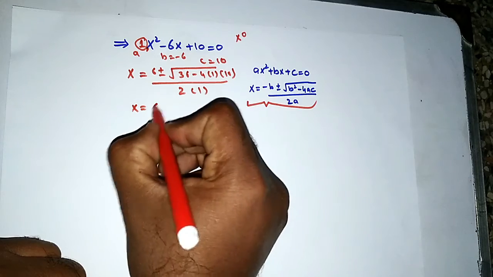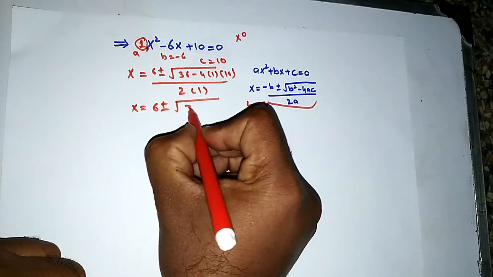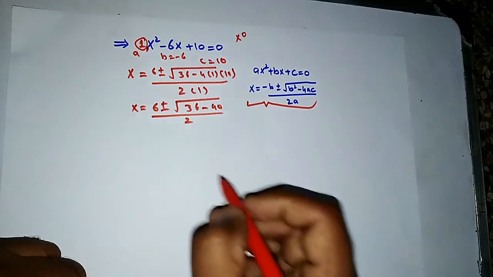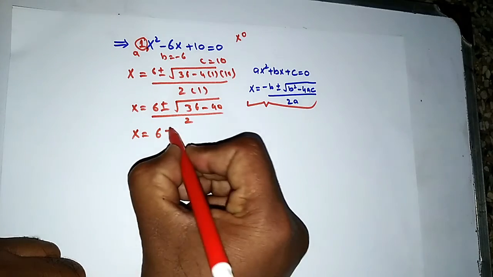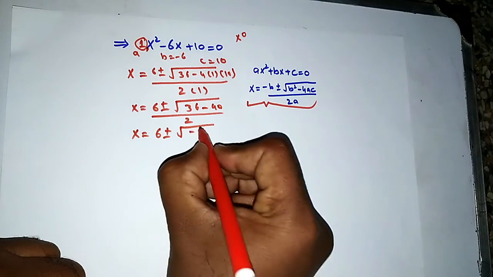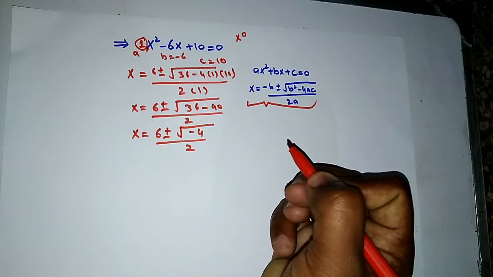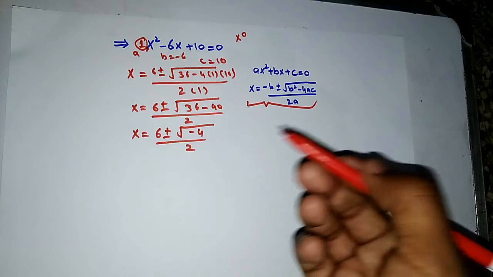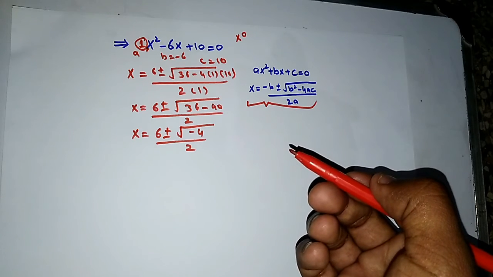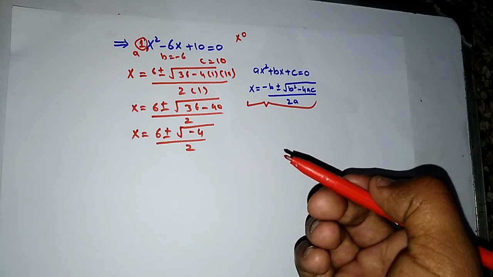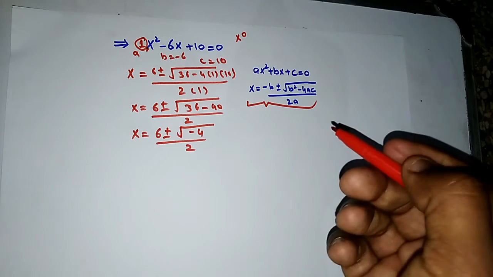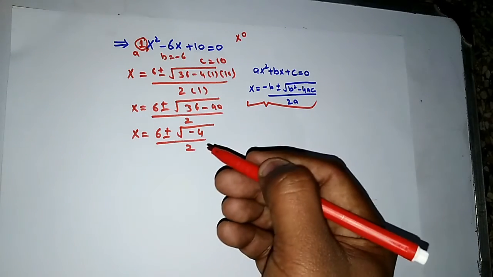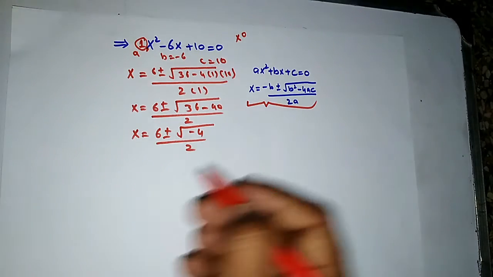So x is equal to 6 plus minus the square root of 36 minus 40, divided by 2. x is equal to 6 plus minus the square root of minus 4, divided by 2. If you only know the real number system, then we cannot solve this equation further. But as we have made a new number system which is called the complex number system, we can easily solve this equation and get the values of x.